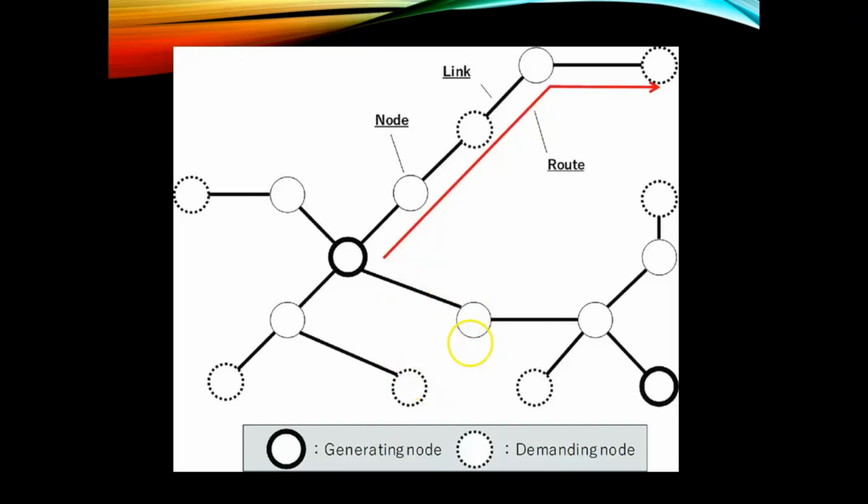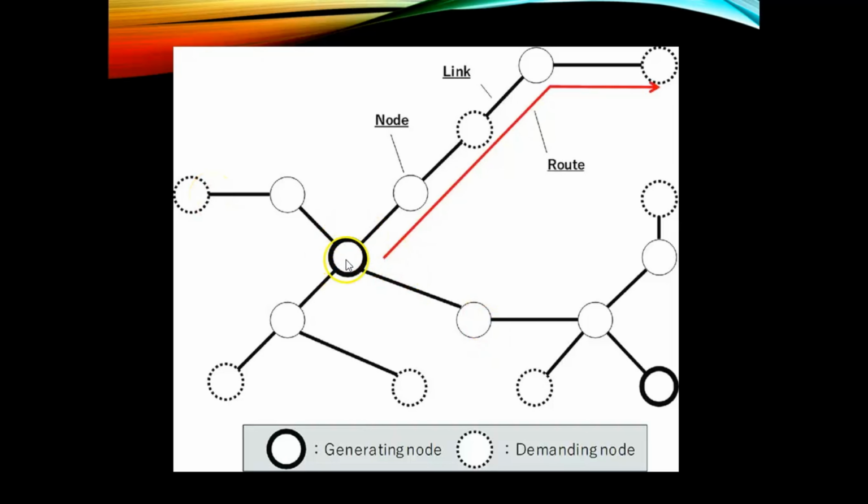So for the picture, like we said, if I have a generating node at this point and I also have a generating node at this point, if I want to supply some of my demanding nodes, it will be illogical to expect a generating node far away to come and supply this demanding node. It is wrong. Why?